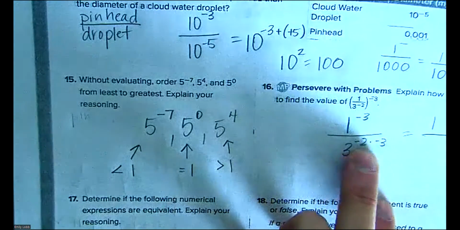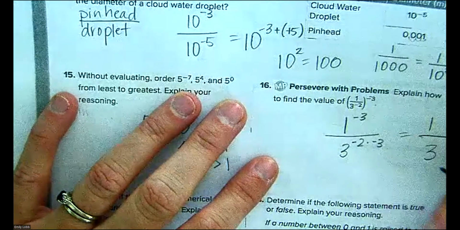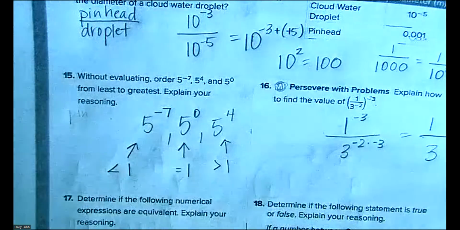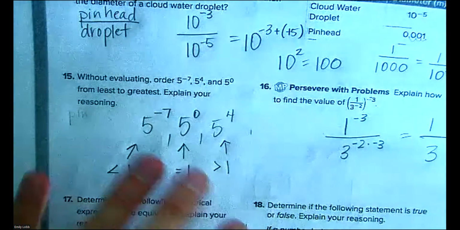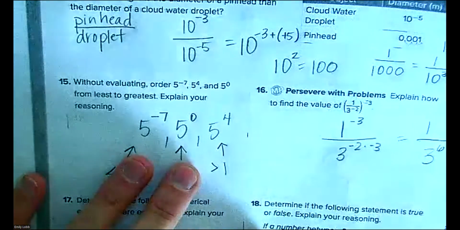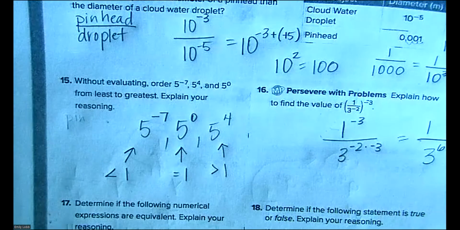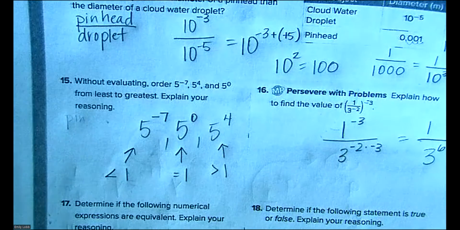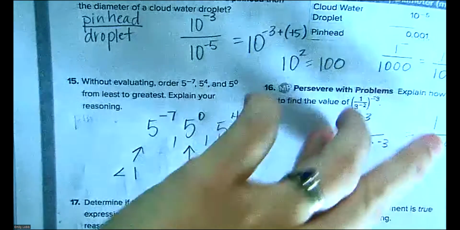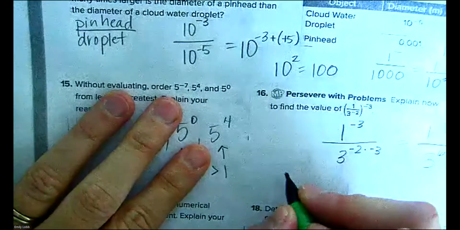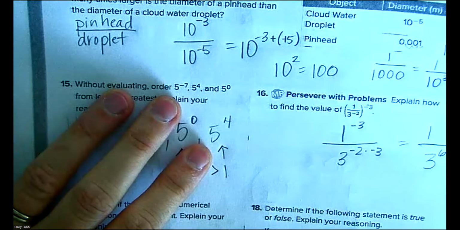What's -2 times -3? 6. 1 over 3 to the 6. So it becomes a fraction. Or you're flipping this, to take the opposite.